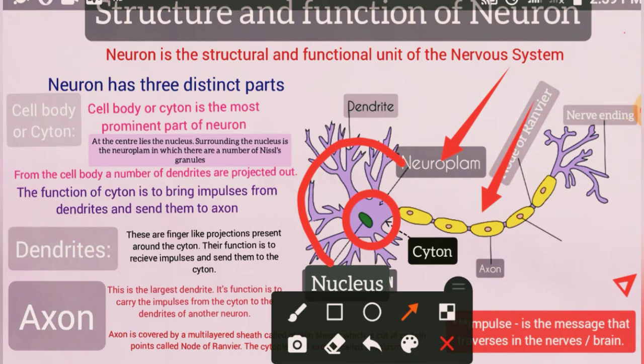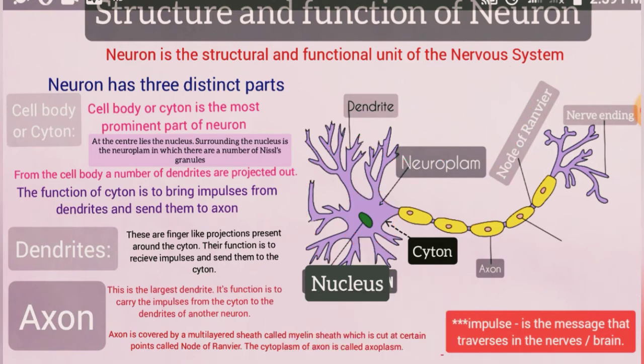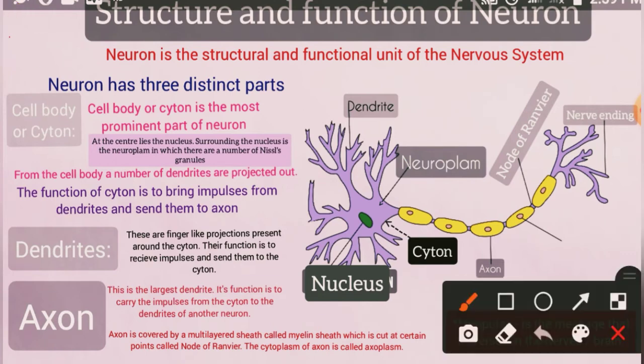The cell body is prominent in the entire body of the neuron because it is big, thick, and very clear. And in the cell body, at the center of it, there is a nucleus. Around the nucleus there is a neuroplasm, which is a kind of cytoplasm. And in the neuroplasm you will find a large number of grain-like structures which are called the nissl granules.